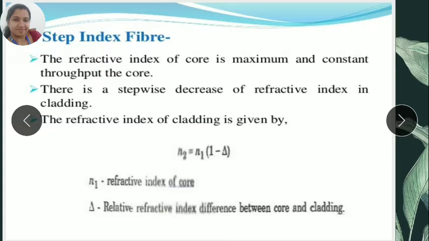Then the refractive index of cladding is represented by the mathematical equation n2 equals n1 into 1 minus delta. n1 is the refractive index of core and delta is the relative difference of refractive index of core and cladding. n2 is the refractive index of cladding. So refractive index of cladding is related to refractive index of core by this equation. This is step index fiber.